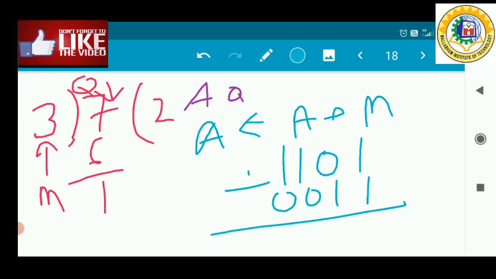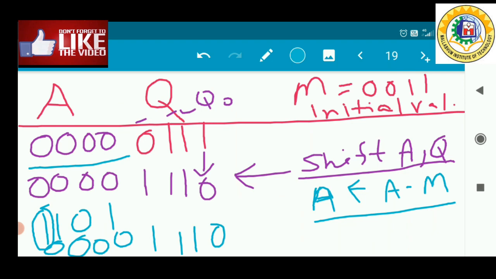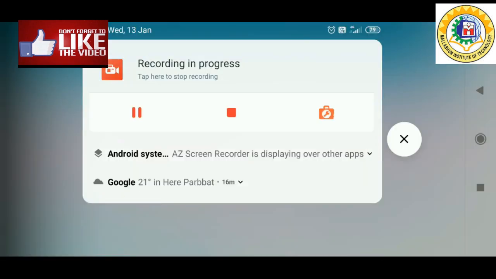If you add these two, you get 0 0 0 0. So this is your restore A. So you will have A as 0 0 0 0, and Q will be this. So this is the first step of this algorithm, okay.